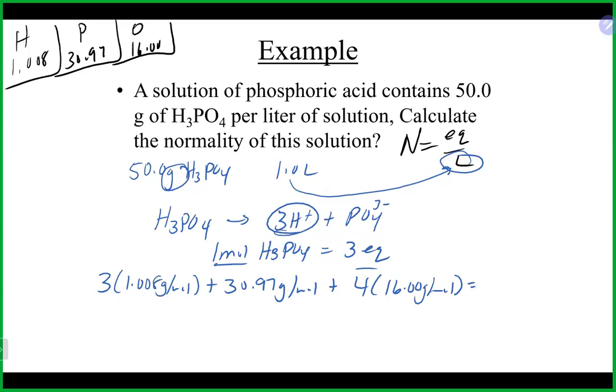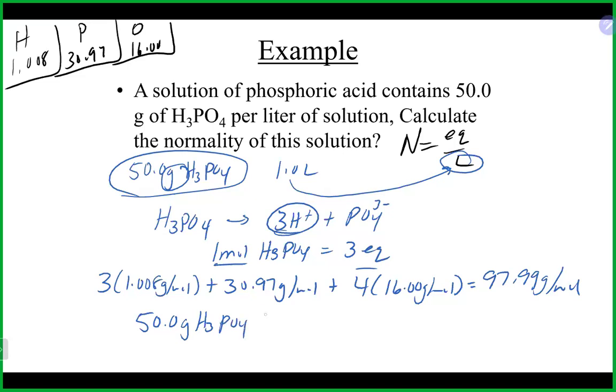So we got 3 times 1.008 plus 30.97 plus 4 times 16, which gets us something like 97.99 grams per mole. We could use that to convert our grams into moles. So 50 grams of phosphoric acid, dividing by the molar mass here, putting grams on the bottom, 97.99 grams per mole of phosphoric acid.